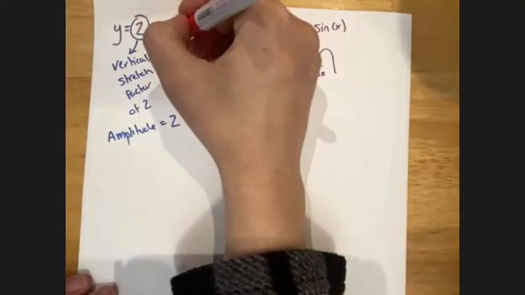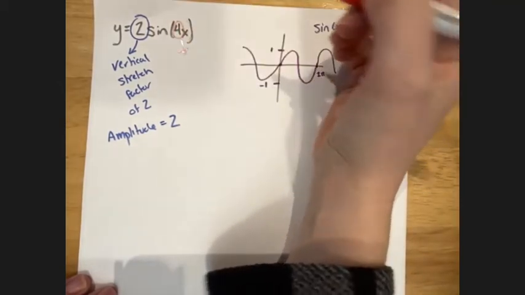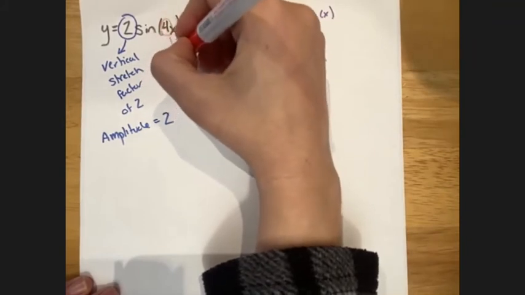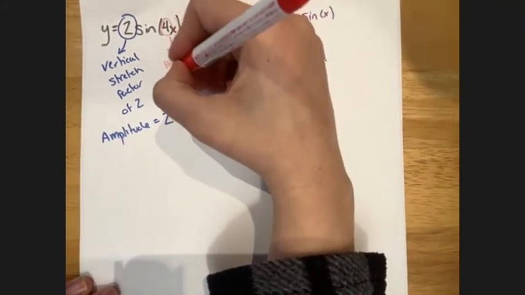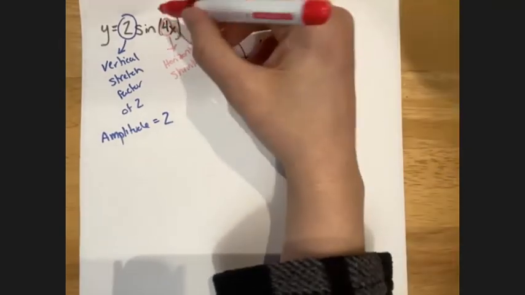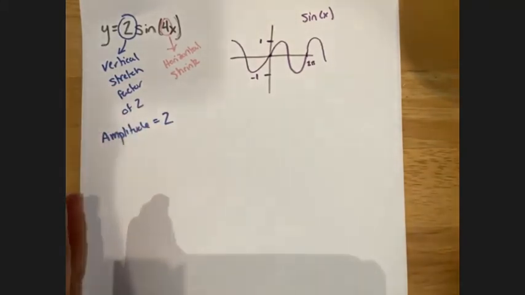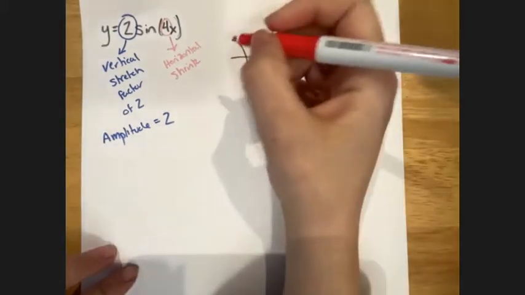Okay, all right, what else can we get from this? Well, this multiplier inside of the sine function, this is going to be a horizontal stretch or shrink. And this is really going to impact our period. Now remember, this is going to represent a horizontal shrink. In other words, it's going to compress our period down. Or another way of thinking about this is we're going to have more waves in a regular 2 pi period than we would. Okay, so this is a horizontal shrink.